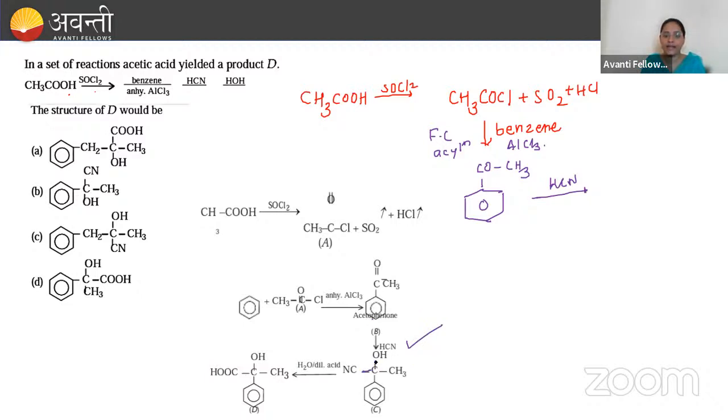CN is going to add to the carbon, and H is going to add to the oxygen, giving OH. Then the next step is hydrolysis, that is H2O with dilute acid. What happens when a cyanide undergoes hydrolysis? There is a formation of the respective acid.